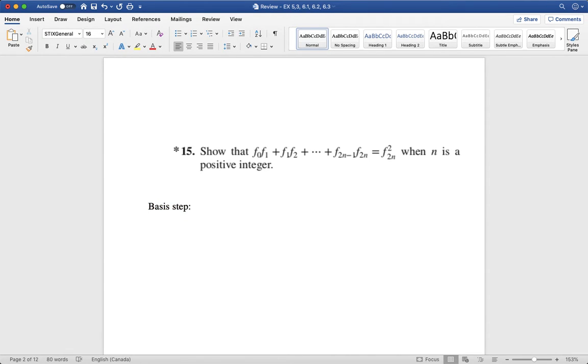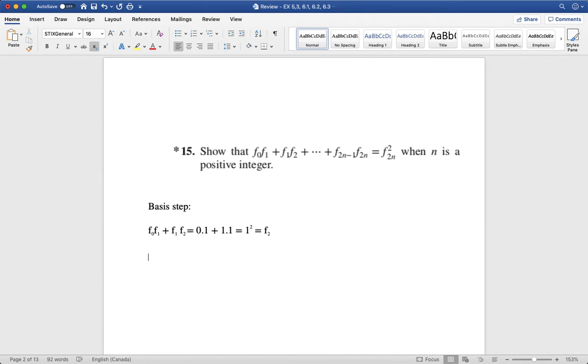In the basis step, we say f0 f1 plus f1 f2 equals 0 dot 1 plus 1 dot 1 equals 1 squared, which is equal to f2. So that is the basis step.